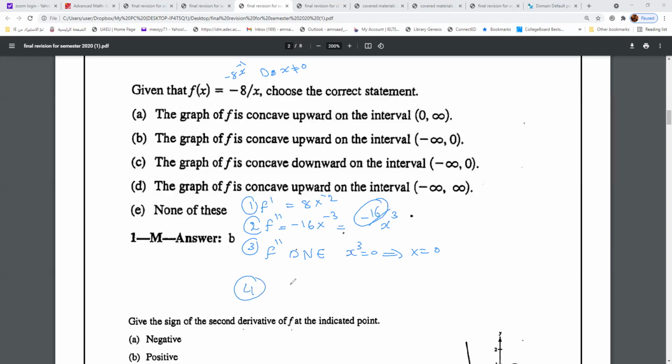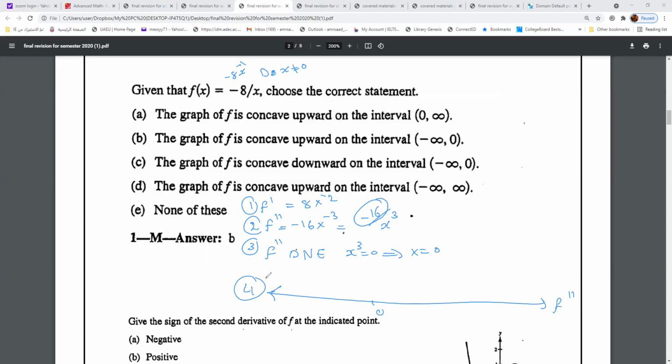Fourth step, use the second derivative test. In the first derivative test, we put on the line the values at which the function is undefined or the first derivative equals 0. But in the second derivative test, I put the values at which the function is undefined, or the second derivative equals 0 or does not exist.